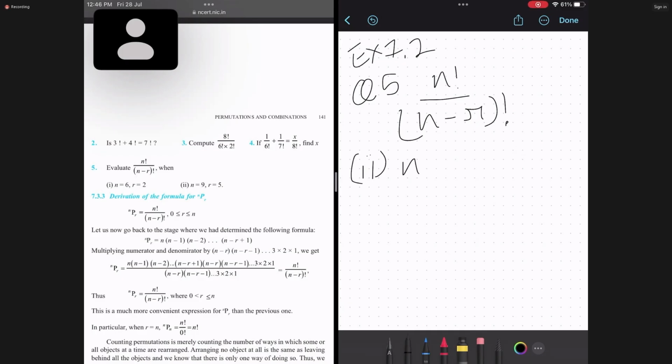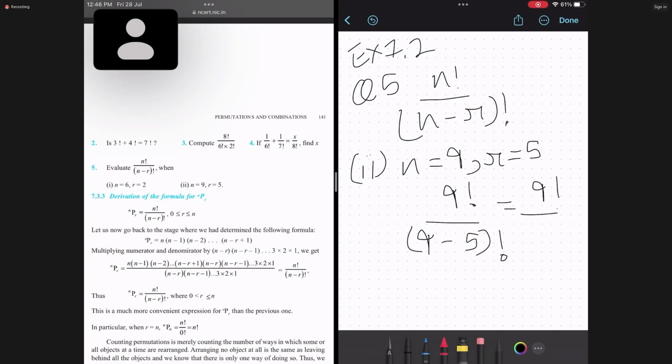Second part, we have n equals 9, r equals 5. We have 9 factorial upon 9 minus 5 factorial, correct, which is nothing but 9 factorial upon 4 factorial.